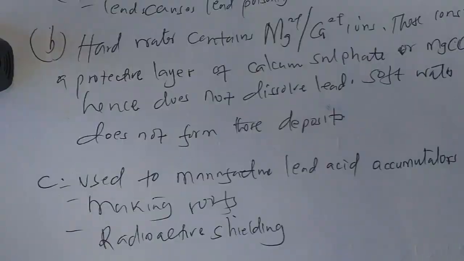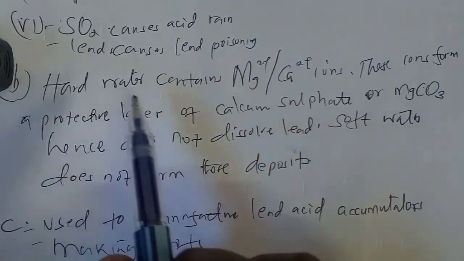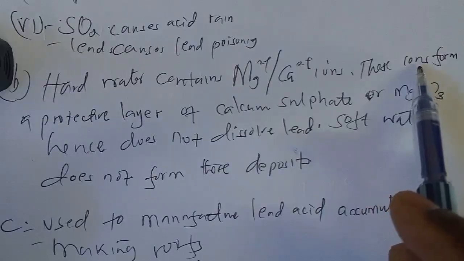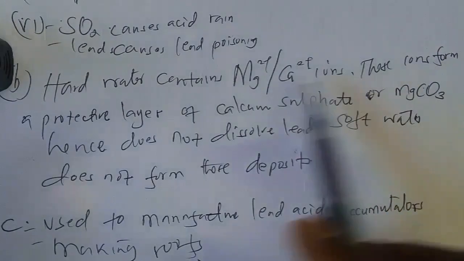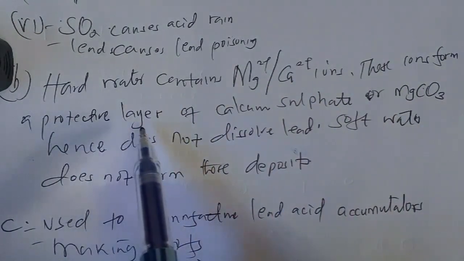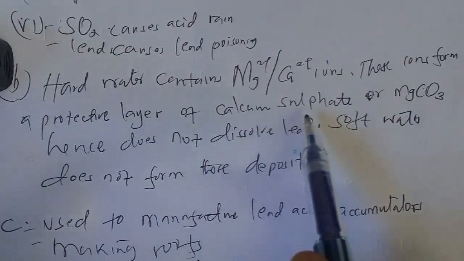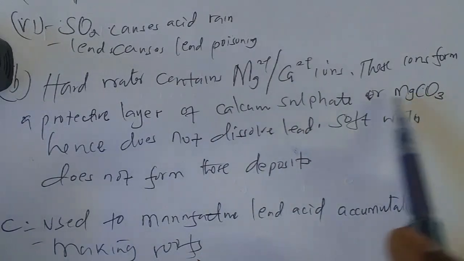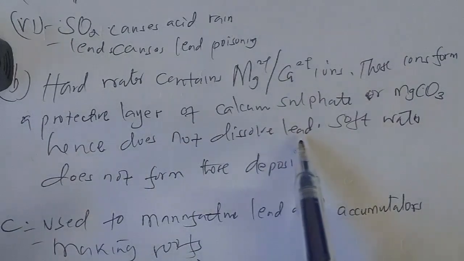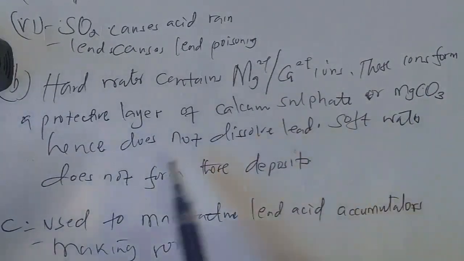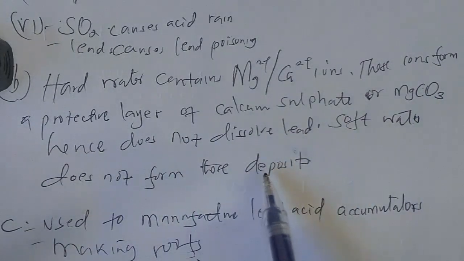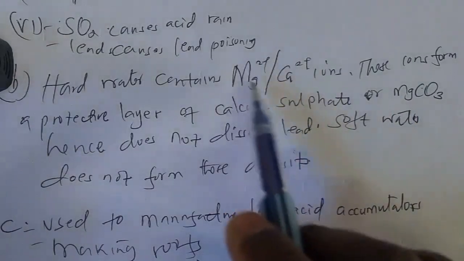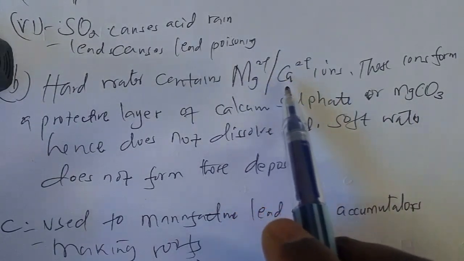Therefore, these ions form a protective layer of calcium sulfate or magnesium carbonate, hence it does not dissolve lead. Soft water does not form these deposits because it does not contain magnesium ions or calcium ions.